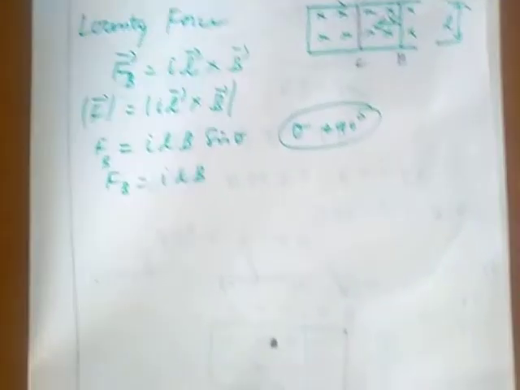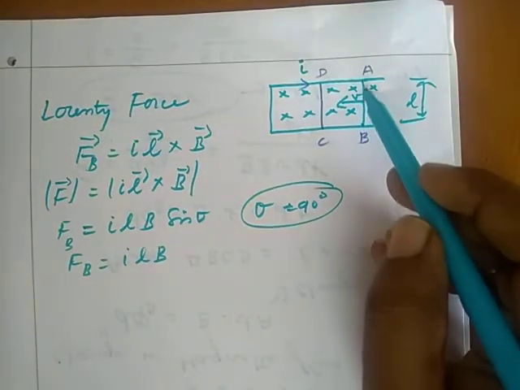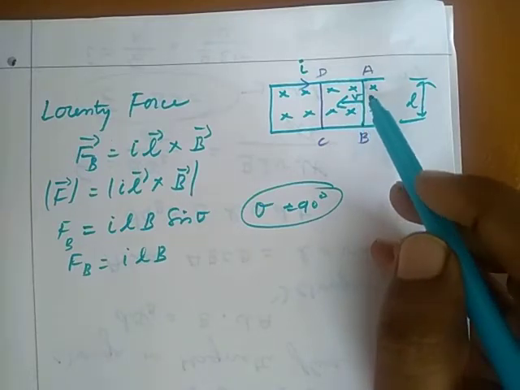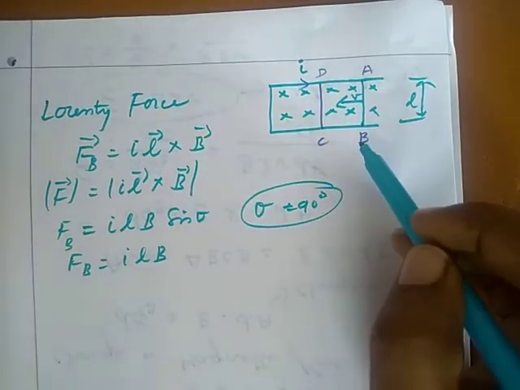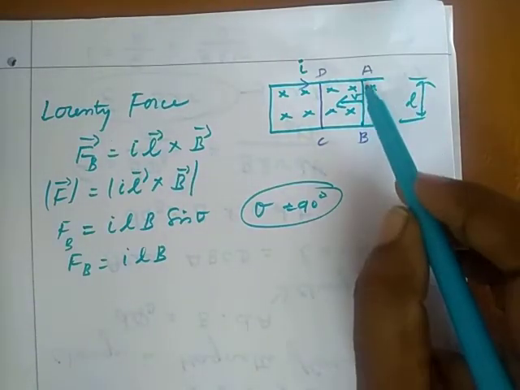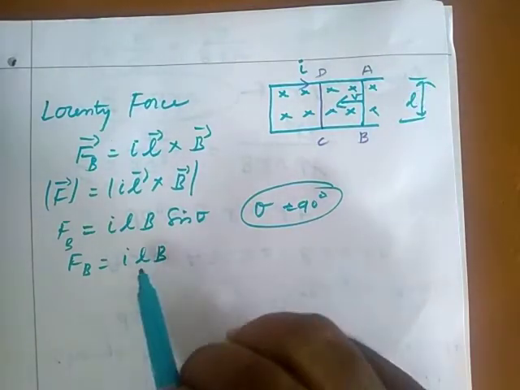Suppose I am moving the sliding conductor with the velocity v, that means constant velocity. So we are applying a force that is equal and opposite to the Lorentz force.